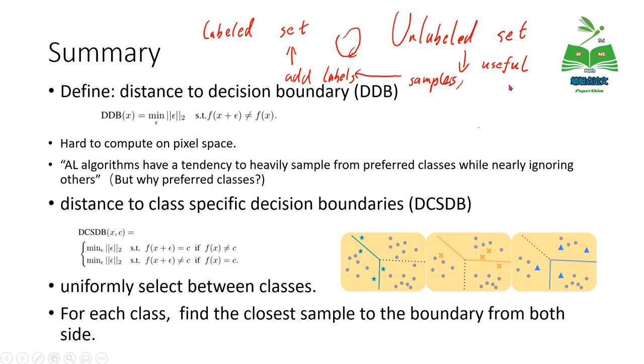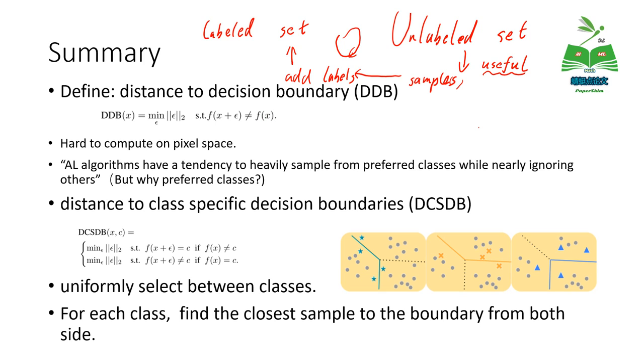So the critical part is how to determine the usefulness of the samples. I won't introduce too much. For example, maybe like coreset, and in this paper they use the distance to the decision boundary. We know this definition is to find a minimum perturbation to make the prediction different: x plus epsilon will be different from x itself.